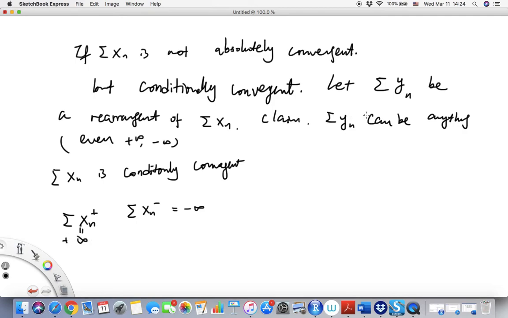Now this is a rearrangement, and I claim this can be anything. Here's the graph. Say I want this series to converge to L. I start with 0, then I start to sum up all the positive terms. This is S1 and this is S2.